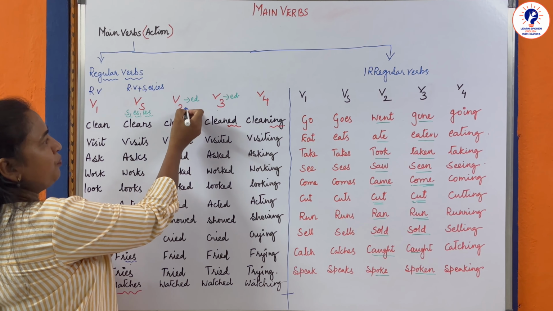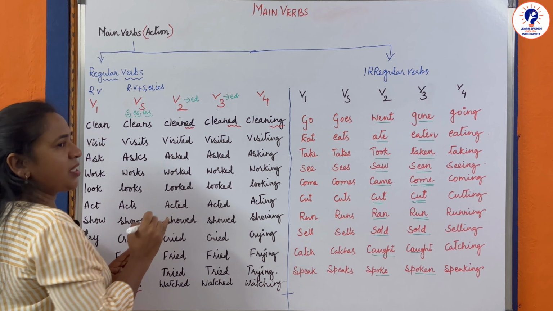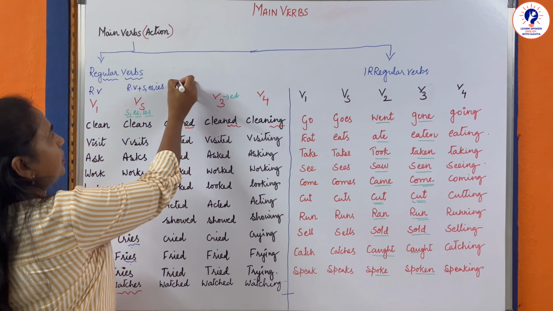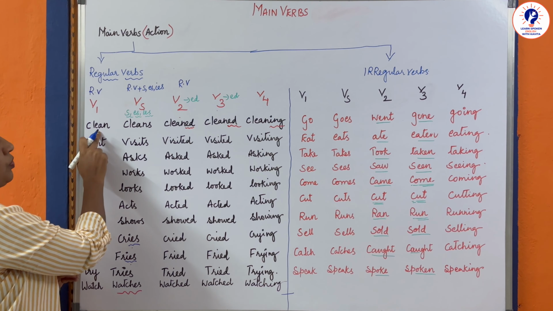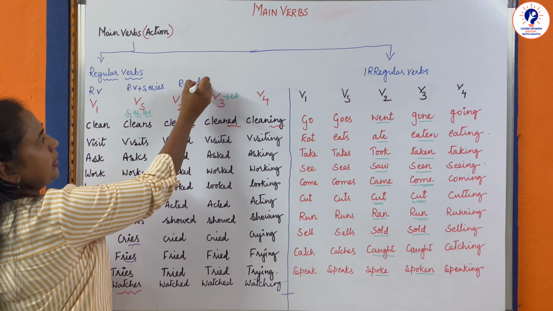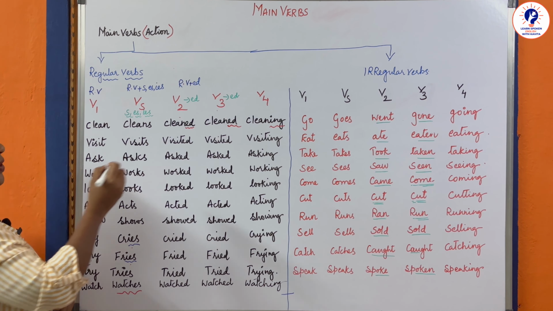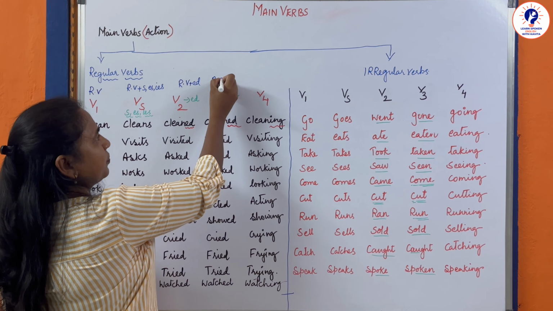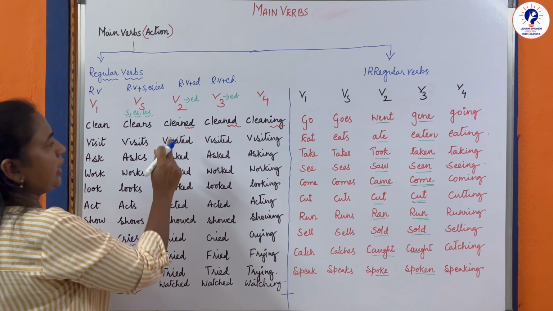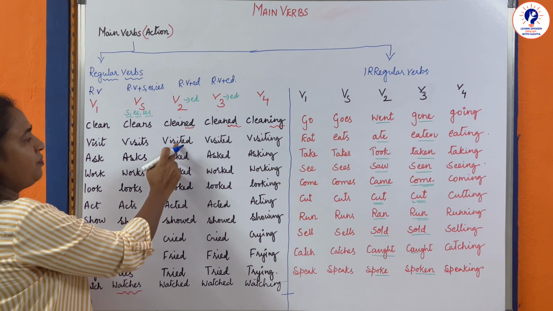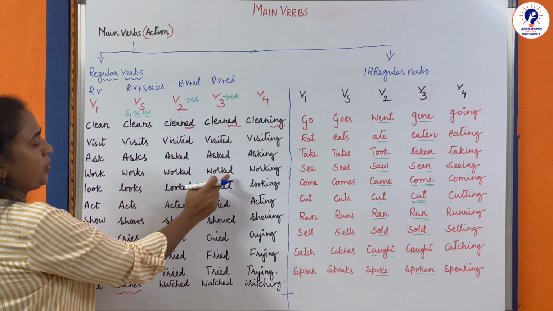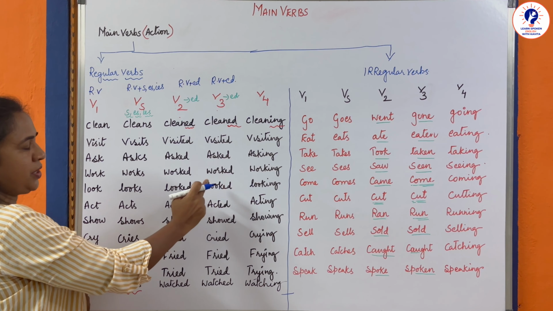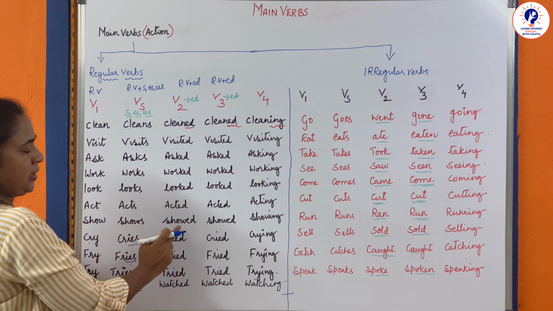Here, V2 and V3 have the suffix ED added to the root verb. Even V3 also. Cleaned, cleaned. Visited, visited. Asked, asked. Worked, worked. Looked, looked. Did you understand? Act, acted.